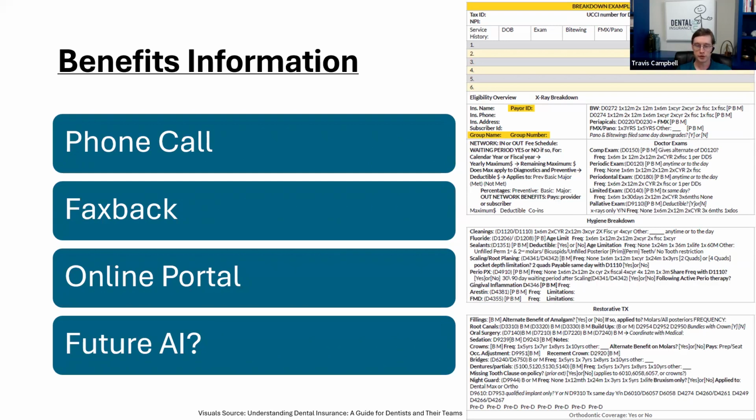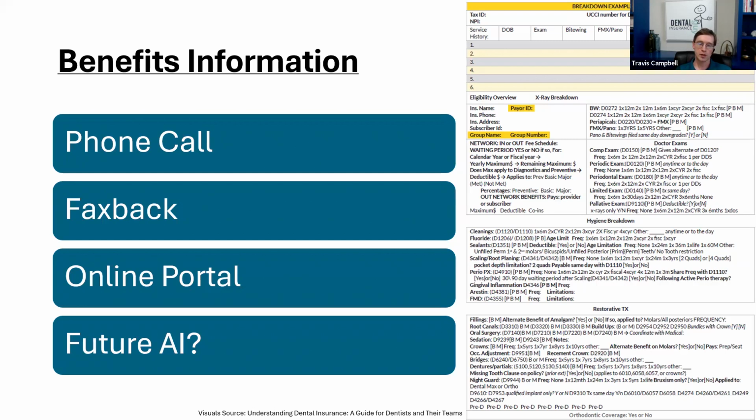Online portal works great too. Some companies have better online portals than others, and it's just which ones are kind of keeping up with the times. A lot of them are putting more and more effort into making the online portals better. So obviously some companies are better than others on this. Always try to get whatever information you can from online because it's helpful.